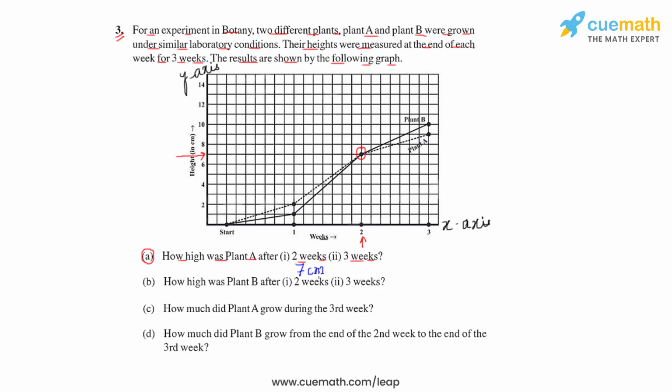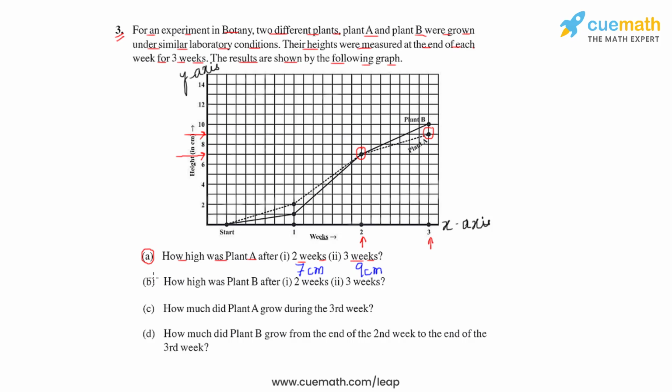So after 2 weeks, plant A will have a height of 7 centimeter. Similarly, after 3 weeks, this point represents the height of plant A, which is given by this point on the y-axis, which represents 9 centimeter. So this is how we can find the heights of plant A.